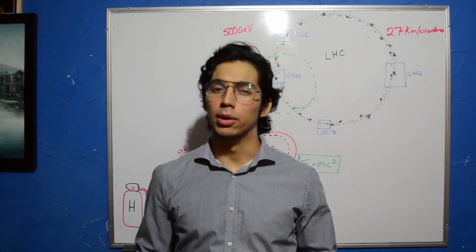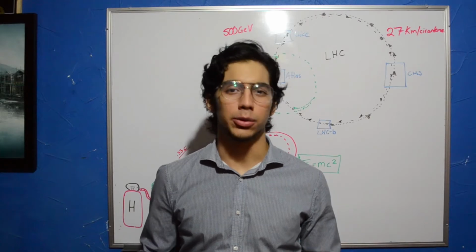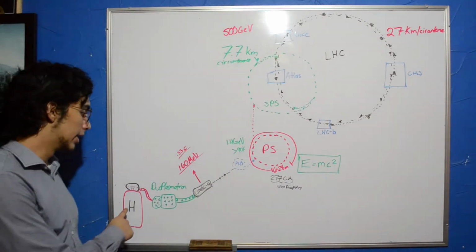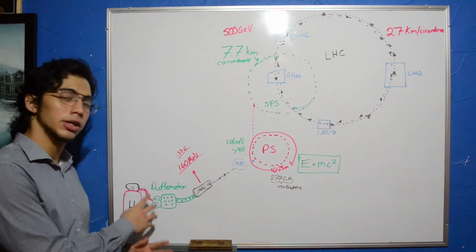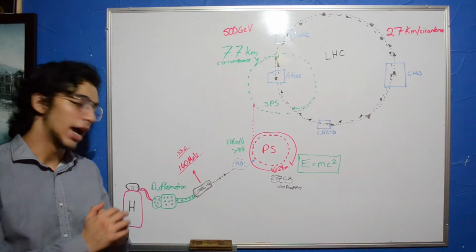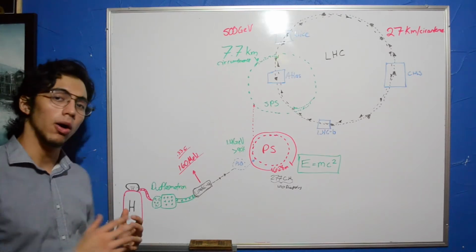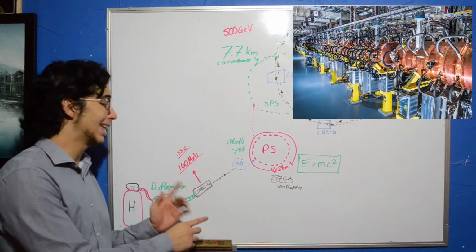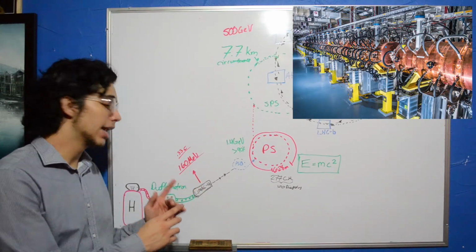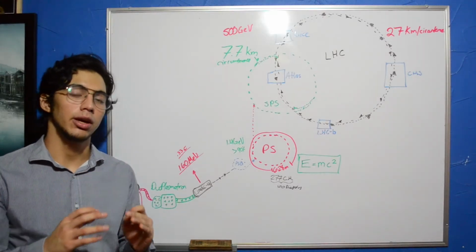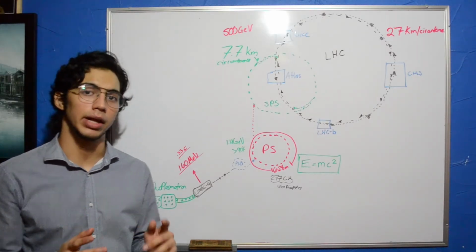Now that we know about the LHC, let's talk about how it works. First, the hydrogen atoms are sent into the duoplasmatron chamber, obviously carefully. Here, all the electrons are ripped off from the atom, leaving only the protons, which are then sent into LINAC 4, where they accelerate and gain an energy of 160 megaelectronvolts with a velocity of almost 1/3 the speed of light.